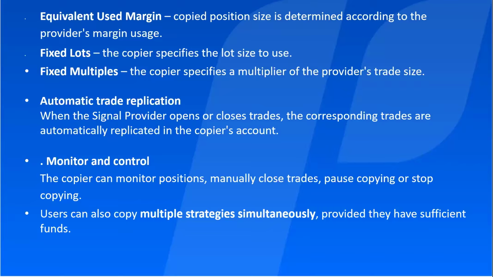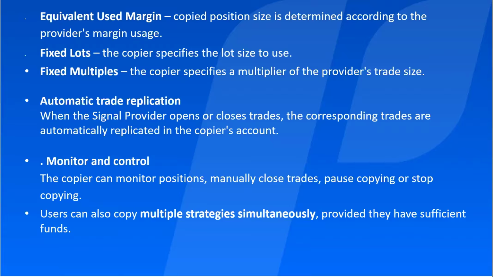So let's say you see a minimum of $50 or $20 as the case may be, which means you are eligible to copy that signal provider. What it's trying to say is that the margin size of your equity is equivalent to what he has, because of the specified minimum investment to copy that signal provider.